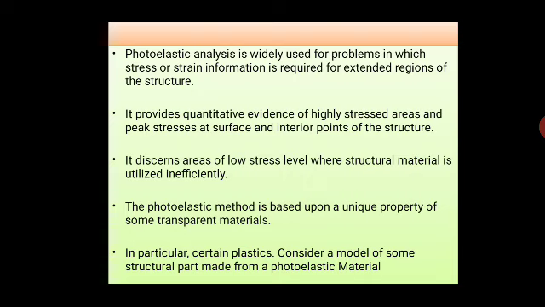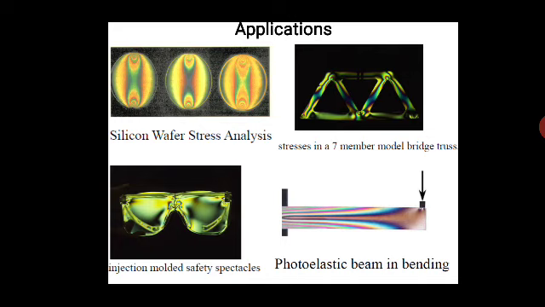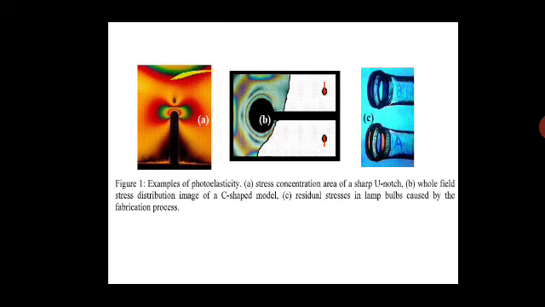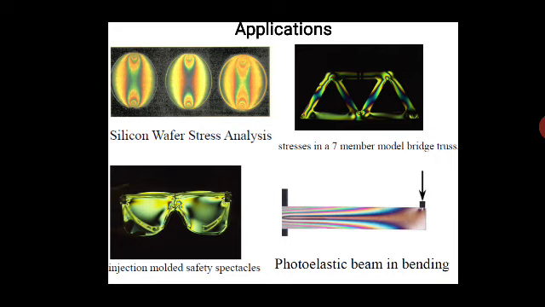The transparent materials may be plastic materials or silicon wafers. Now let us consider certain applications of photoelasticity techniques. The first one you can observe is a silicon wafer, which is a circular disc made of silicon.